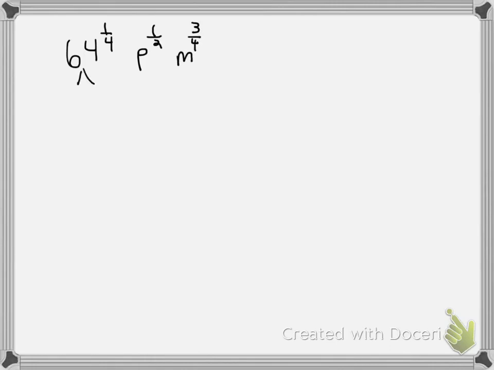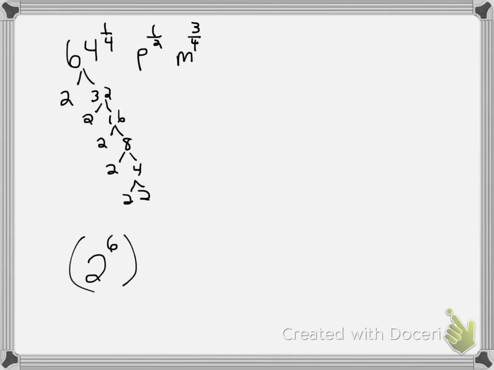What I can also do is break that up as 2 and 32, 2 and 16, 2 and 8, 2 and 4, 2 and 2. So I got 1, 2, 3, 4, 5, 6. So now what I can actually do is raise this as 2 to the 6th to the 1/4, p to the 1/2, and m to the 3/4.